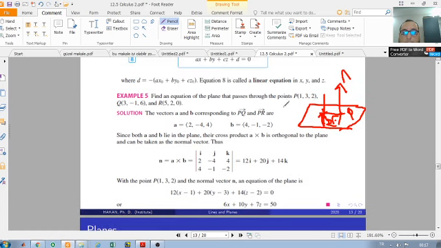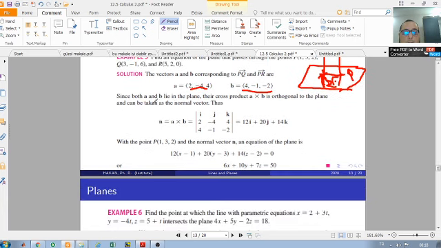By finding the vectors obtained from the points, as I said, P and Q and P and R, we obtain their components, and their cross product is orthogonal to the plane and can be taken as a normal vector. You know how to find the cross product of two vectors from the preceding section. So from here we obtain the components of the normal vector.